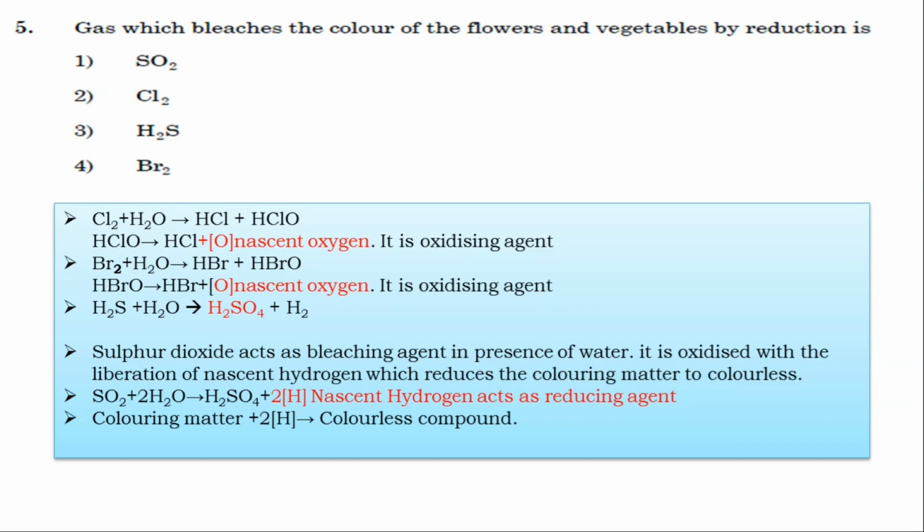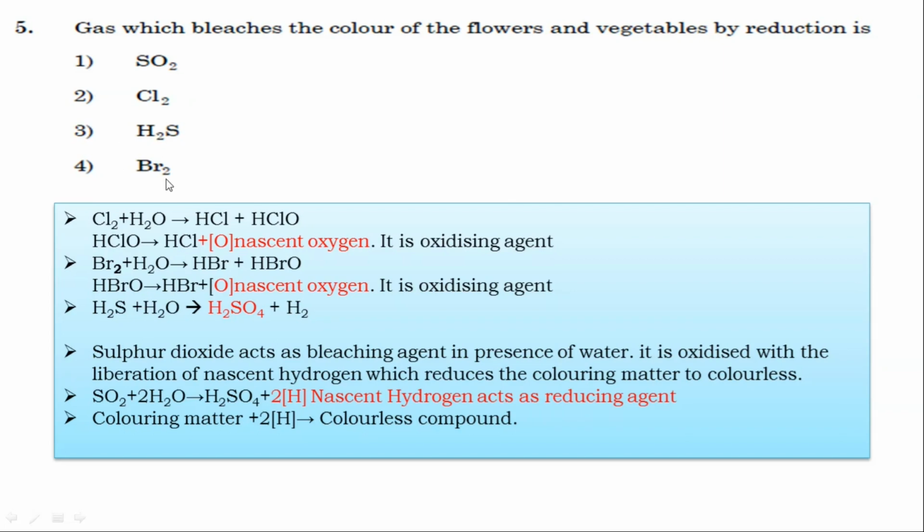Next question, the 5th one. The gas which bleaches the color of flowers and vegetables by reduction is: sulfur dioxide, chlorine, H2S and Br2. Listen here. Chlorine reacts with water to give HCl and HClO.